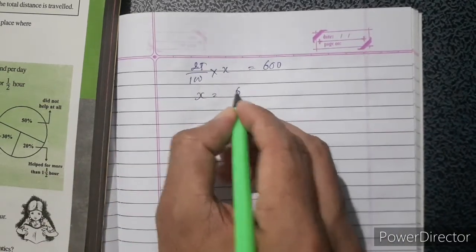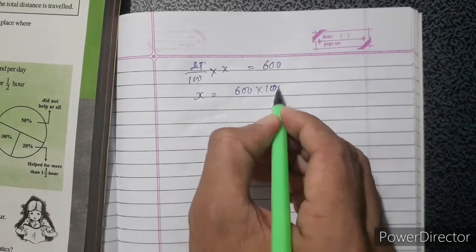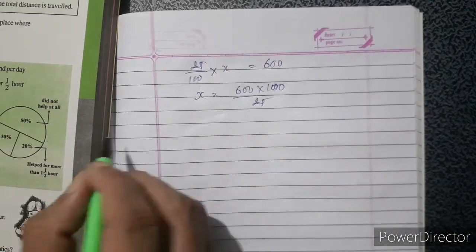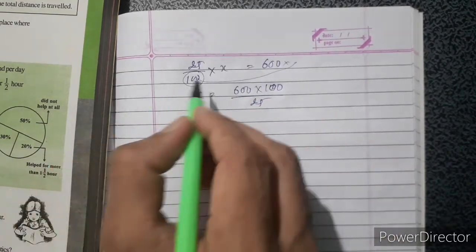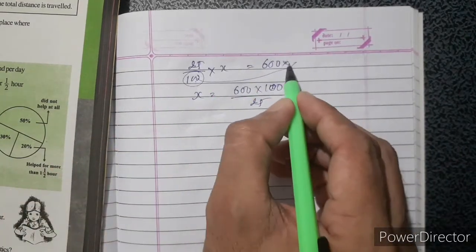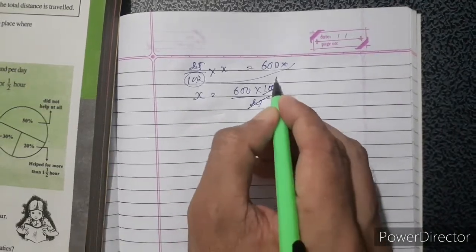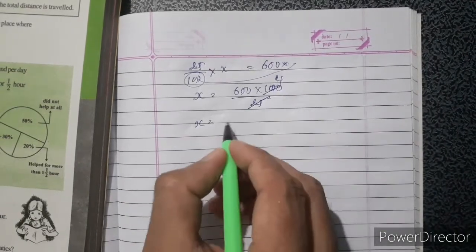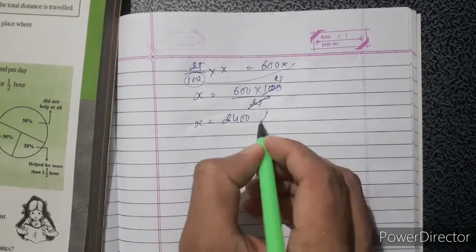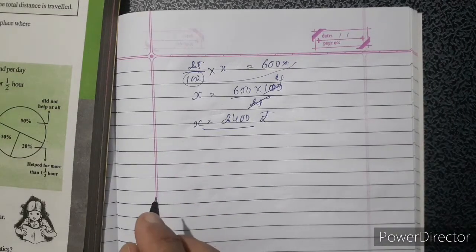So x equal to 600 into 100 divided by 25. 100 is on the division side, so we change the side and it is converted into multiply. 25 fours are 100. So x equal to 600 into 4, that is 2400 rupees. X means the money she had at the beginning.